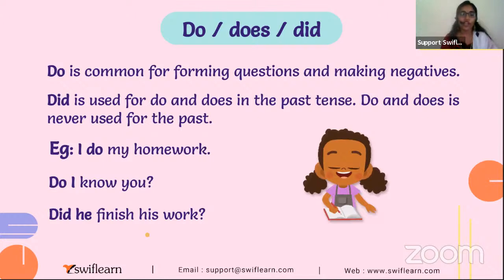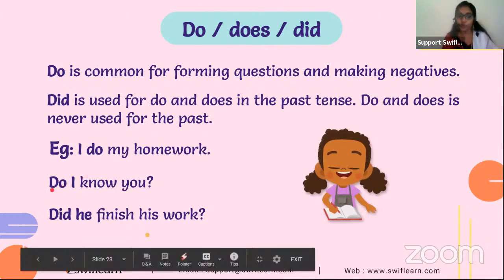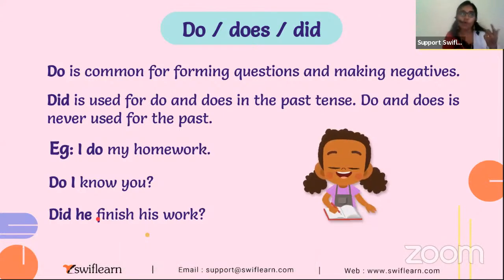So the only thing we have to use in the past is did. For example, I do my homework now. So I can use do there. Do I know you? I'm asking in the present, so I've used do. And I'm asking, did he finish his homework yesterday? Or did he finish his homework this morning? He finished or not already.